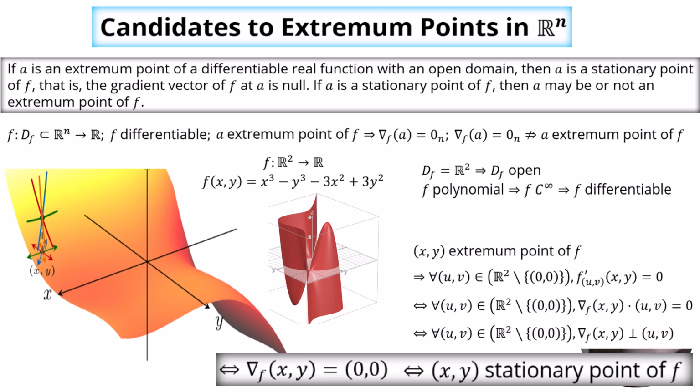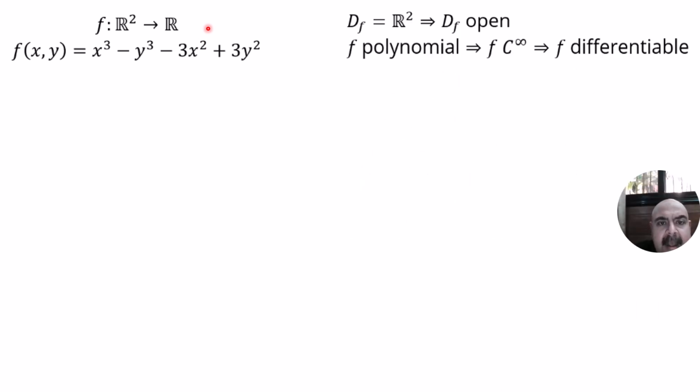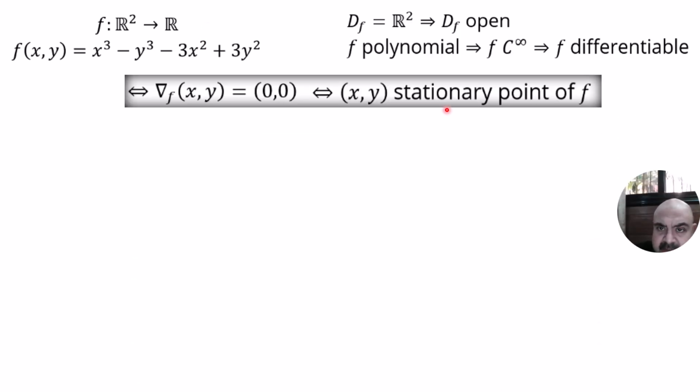The gradient vector is perpendicular to the field vectors at this point. Okay, let's get back to our problem once more. Here's our problem, and it is a polynomial of C infinity and differentiable. I will get the gradient vector of f, set this first derivative equal to 0, and try to get the stationary points that we are seeking.